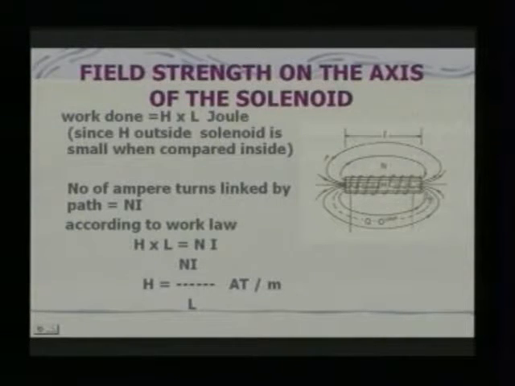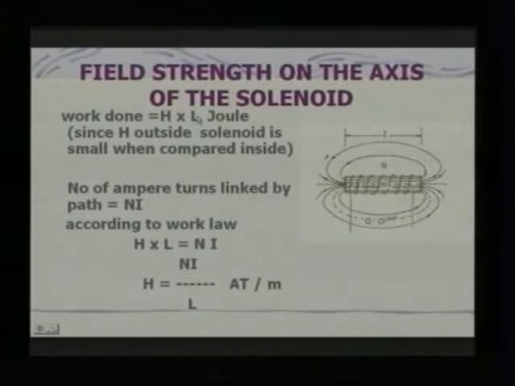Therefore, we could not consider this path, and because the field strength or magnetic field is stronger in the iron path when compared to air path, therefore, we will consider the length in the closed path is equal to L. According to work law, work done is equal to force into distance.